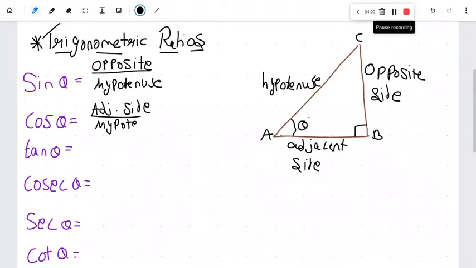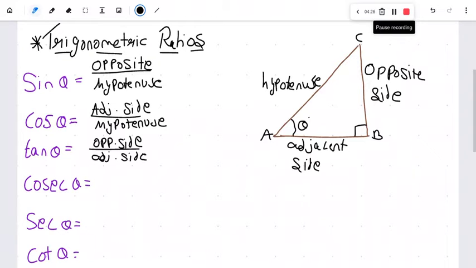These are the ratios. Next is tan theta, also known as tangent. Tangent theta is nothing but opposite side divided by adjacent side. Now comes cosec theta, also known as cosecant.